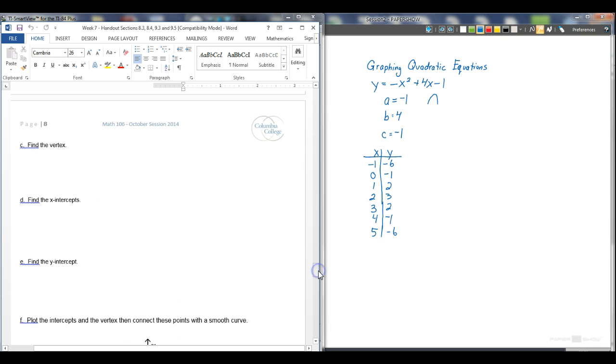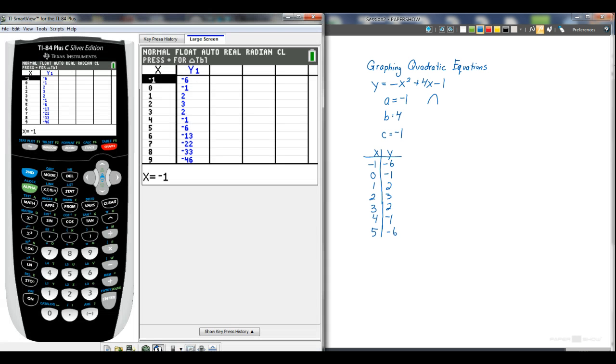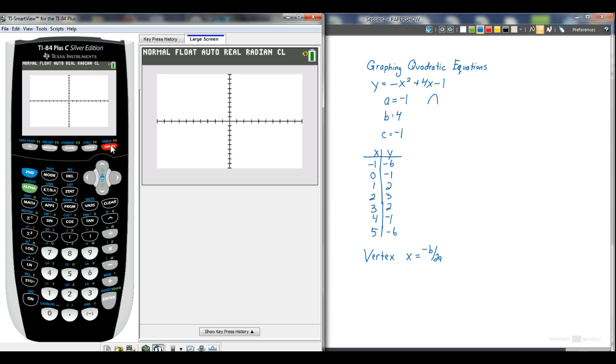Next we want to find the vertex, and there are two ways to do that. Now remember, for the vertex we start with x equals negative b over 2a. When you're graphing, if the parabola opens downward, the vertex is the maximum.